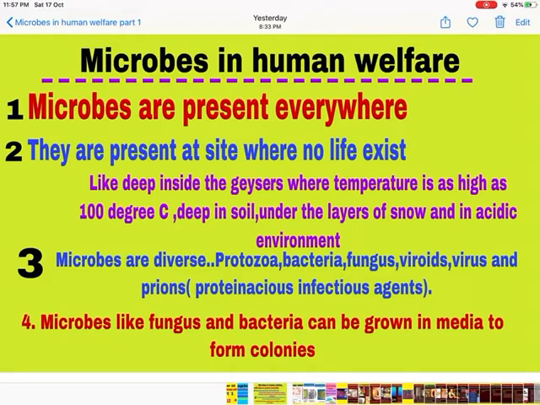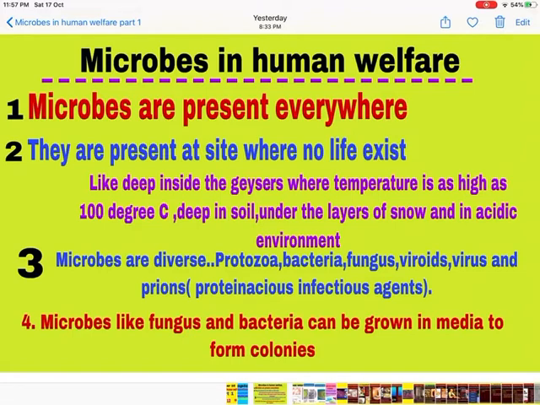Microbes are diverse. You can find a variety of microbes. For example, there are protozoans, bacteria, fungus, viroids, virus and prions. Prions are nothing but proteinaceous infectious agents. They are made up of proteins and they are highly infectious.